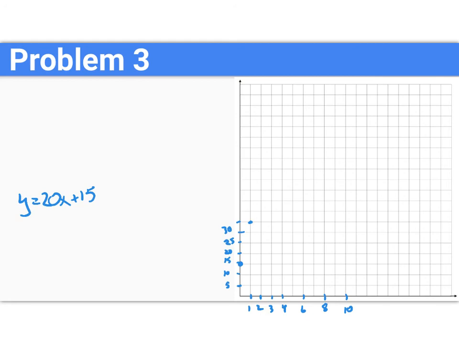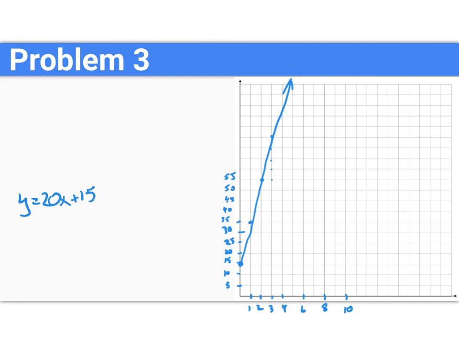So 35, 40, 45, 50, 55. 1, 2, 3, 4. So I draw a line straight through those dots. And that's what my graph will look like, something like that.